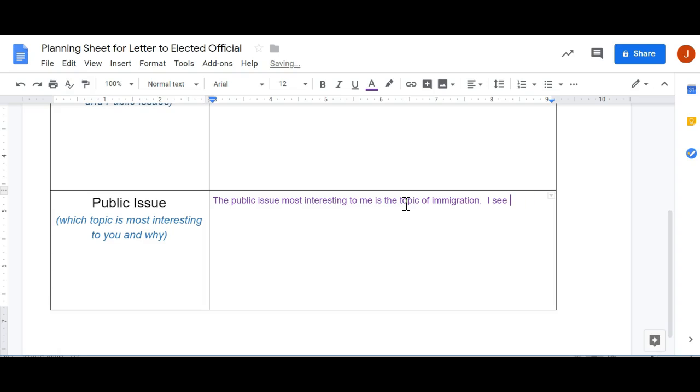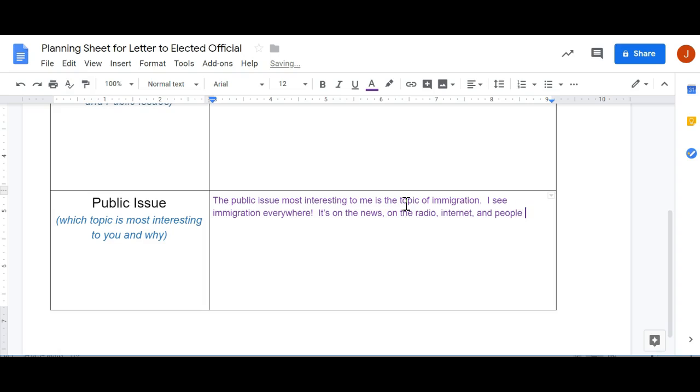I see immigration everywhere. It's on the news, on the radio when my mom is driving to work or to the store. It's what we listen to. I see information about it on the internet.